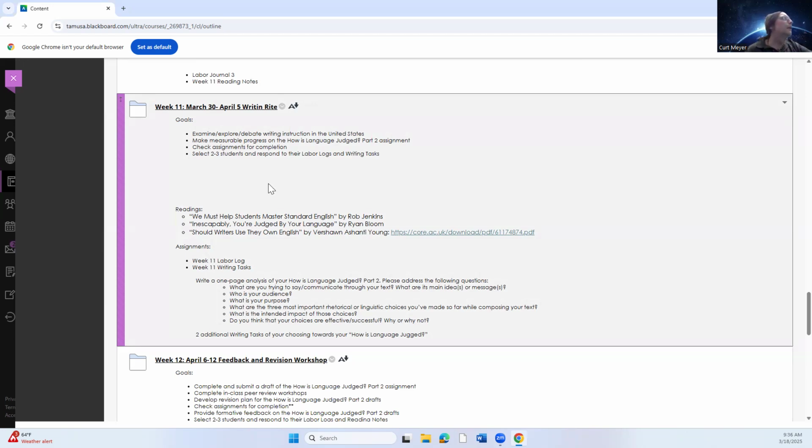So looking at the week 11 material, first of all, your assignments that are due for the week are very straightforward. It's your week 11 labor log and your week 11 writing tasks. And the writing tasks for week 11 center around a series of questions about your audience, and how you anticipate your audience responding to the text that you're preparing.